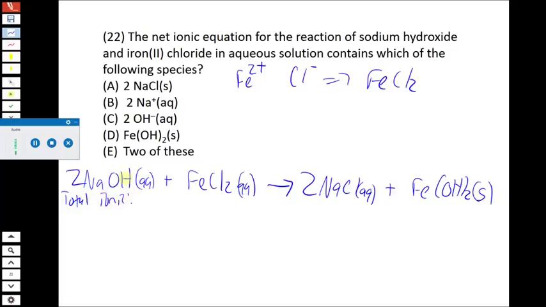We're going to take all of the species that are marked as aq and separate them into their individual ions. So 2 NaOH, we're going to make 2 Na+ and 2 OH-. I'm going to have to write a little bit smaller than normal to make sure I fit all this. Our other reactant is iron chloride, so that's going to make Fe2+, we said that's the charge for iron, and then 2 Cl-.